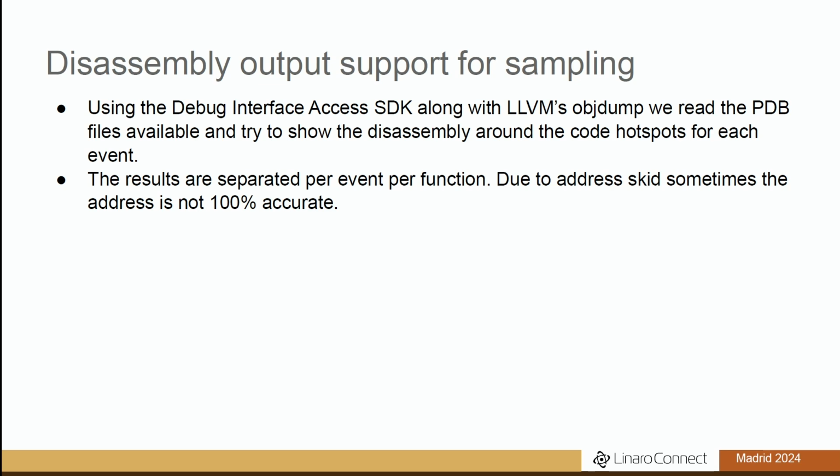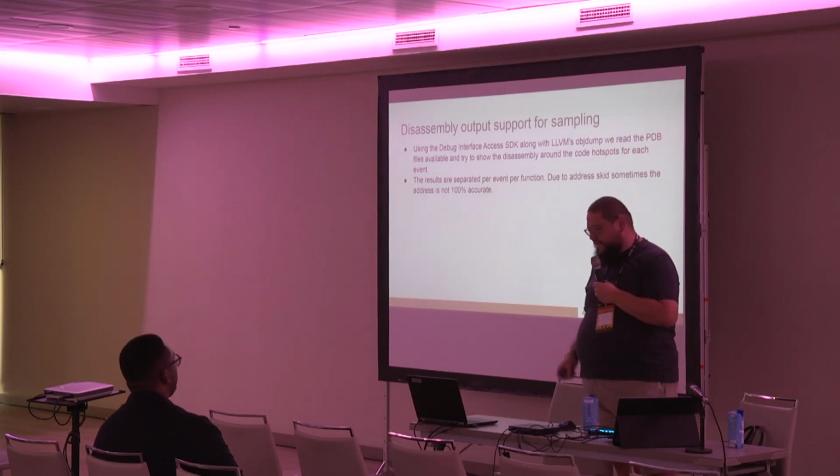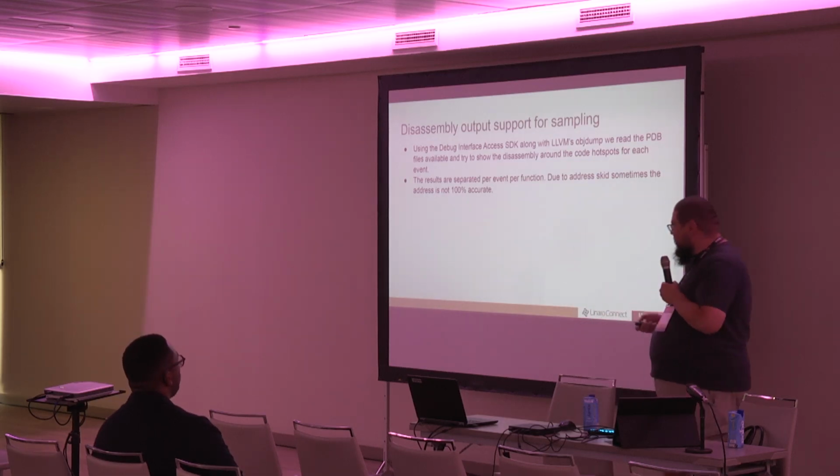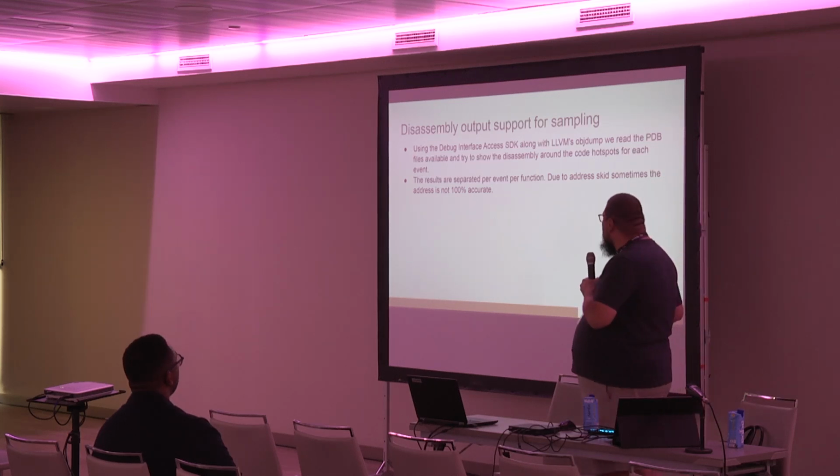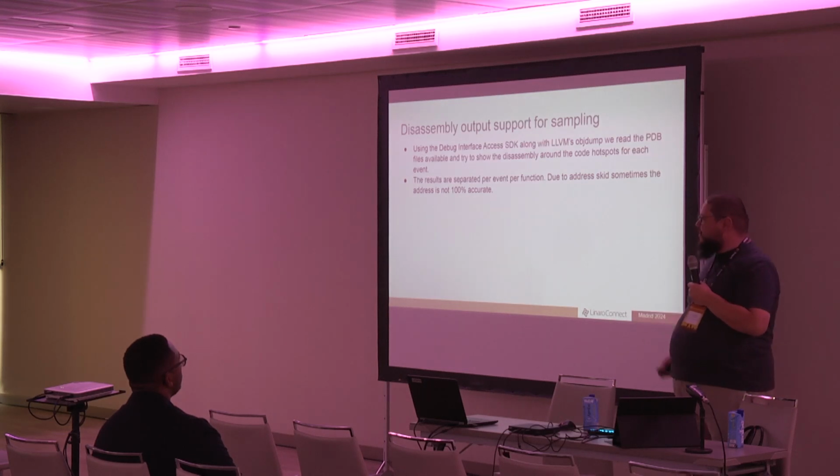And with LLVM, we grab these addresses. When we grab the program counter, we know what the line is, so we know the address space for this particular line. We use objdump, grab the disassembly and show it to the user. So as Przemek mentioned, of course, there's the skid, so it's not 100% accurate. And when we move to SPE, this is hopefully going to change.